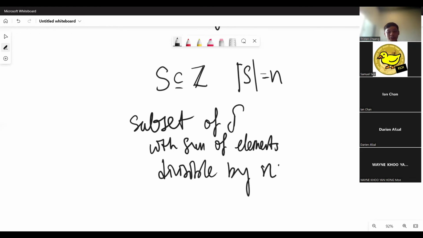This is a problem where you cannot force yourself to look at the whole picture. There are many subsets, right? There are 2 to the power of n subsets. Way more than n. But you cannot use the previous method. You cannot ensure that 2 subsets, you can subtract them and get another subset, right? So what do we do?